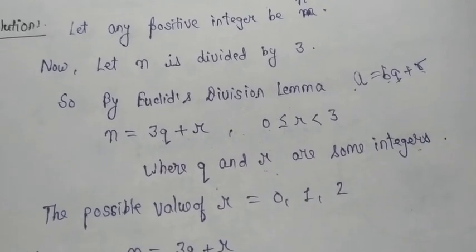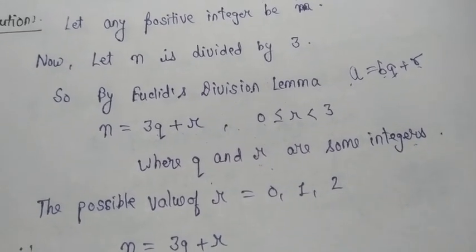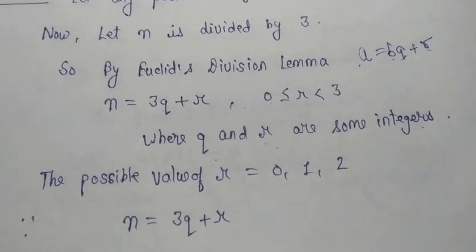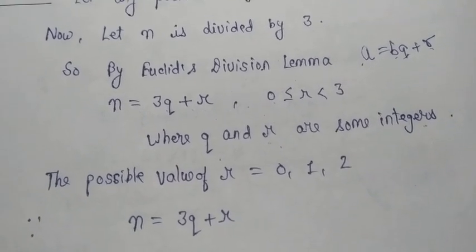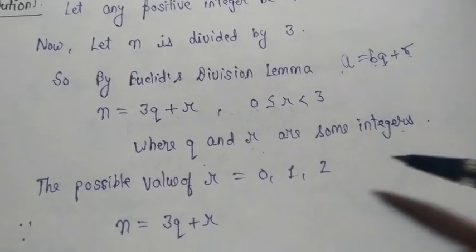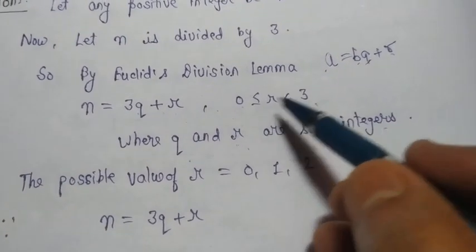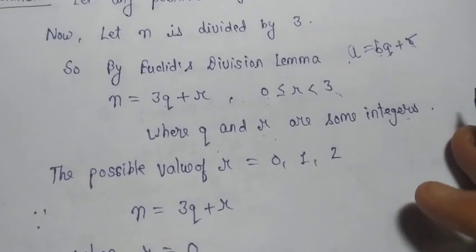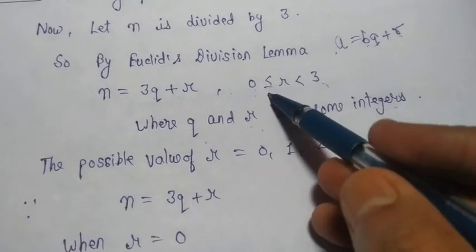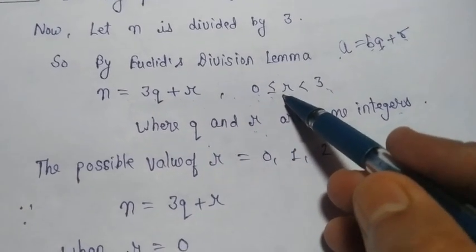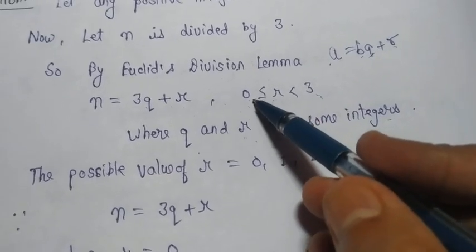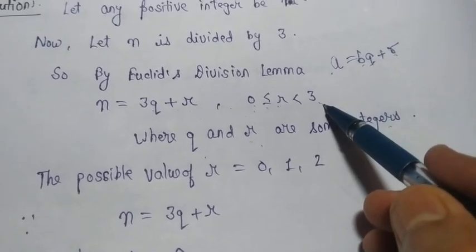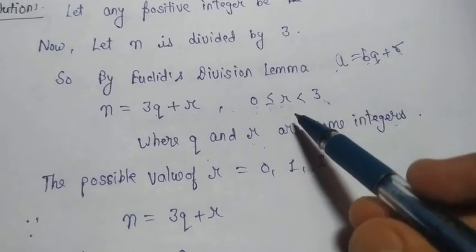From this statement I have told you the value of the remainder lies between 0 and 3 in this question. It can be 0 but it cannot be 3. So I will take the possible values of r, and r is an integer, so between 0 and 3 how many integers are possible?